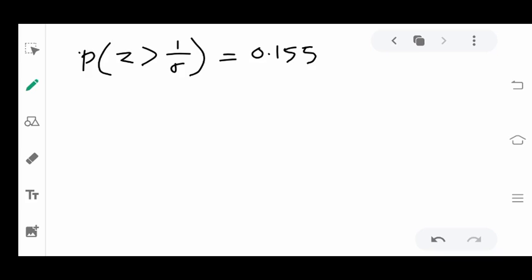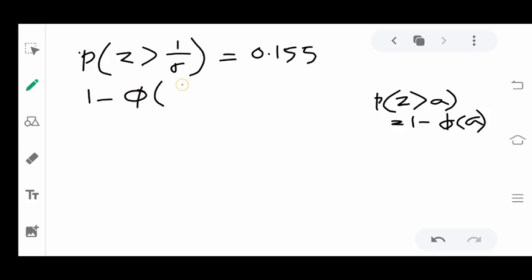And you know P of z greater than a is 1 minus phi of a. So we get 1 minus phi of 1 by sigma equal to 0.155.